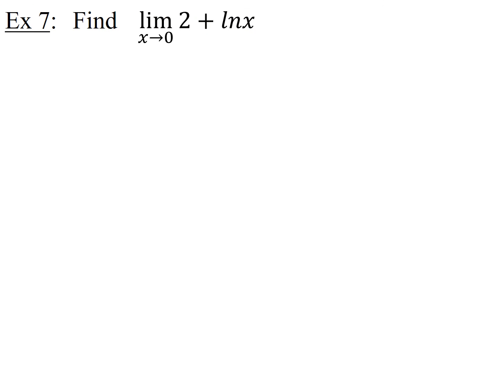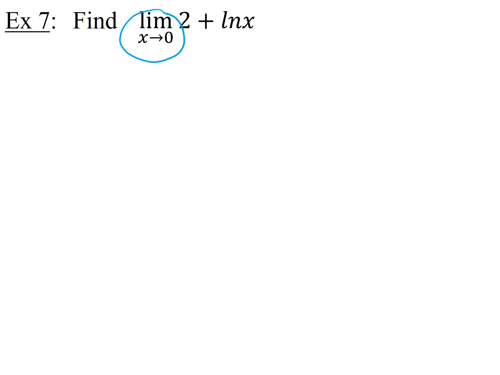Okay, so there's a couple of different ways that this one can be handled. One thing I want to mention to you is that whenever you are taking a limit as x goes to 0 in this case, what does that mean? It means if you plug in numbers closer and closer to 0, but not 0, what are the outputs getting closer and closer to?